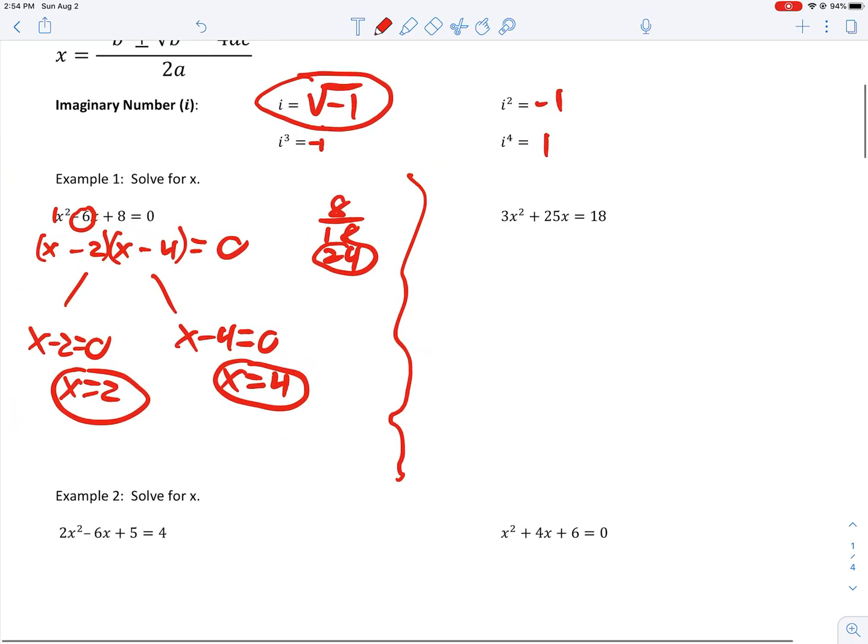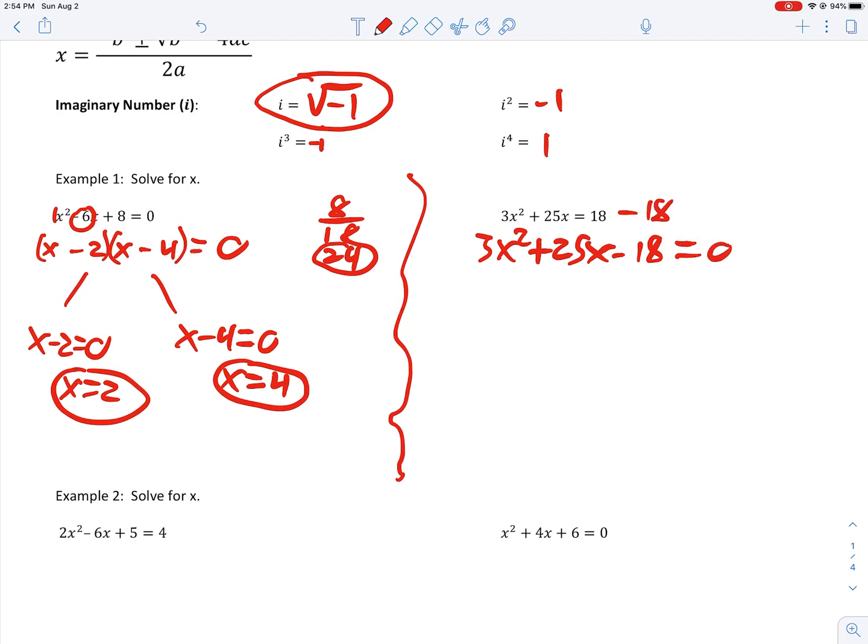Now, if you go to the next example, this looks like it's going to be in standard form. So we're going to set it equal to 0 by subtracting 18 from both sides. Now it is a quadratic, and we can try to factor if we want. If it does factor, again, it'll be two binomials.